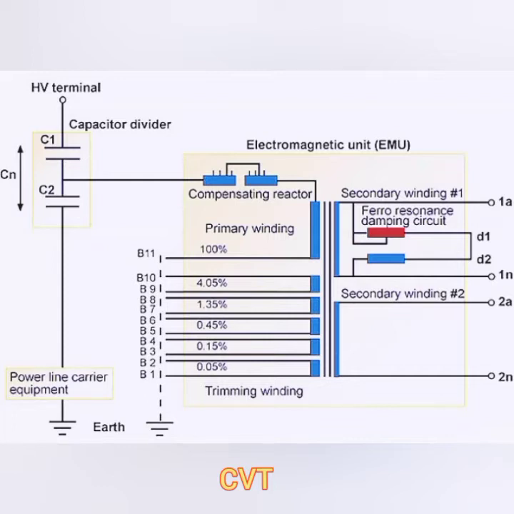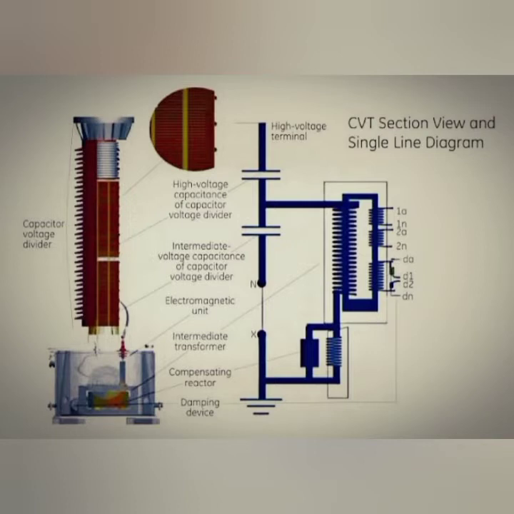Next, coming up to the overview, which means the overall structure of your CVT. Here we have a high voltage capacitance C1, intermediate voltage capacitance C2, then the electromagnetic unit at the bottom, which comprises compensating reactors, step down transformers, and high frequency terminals.